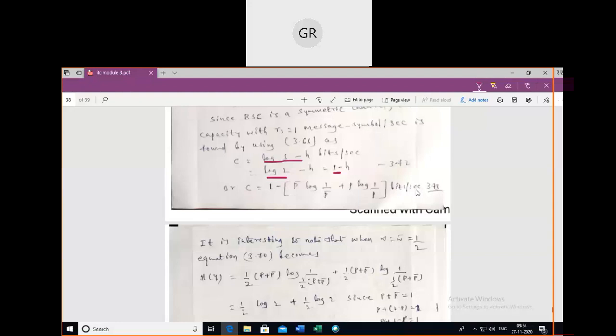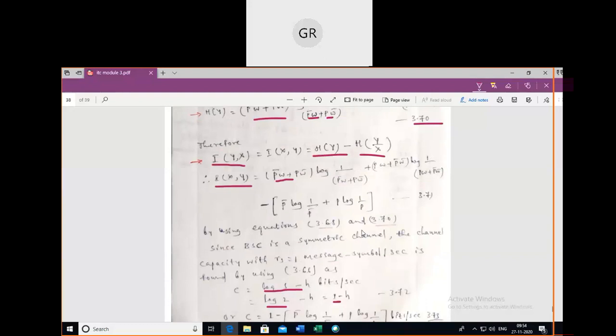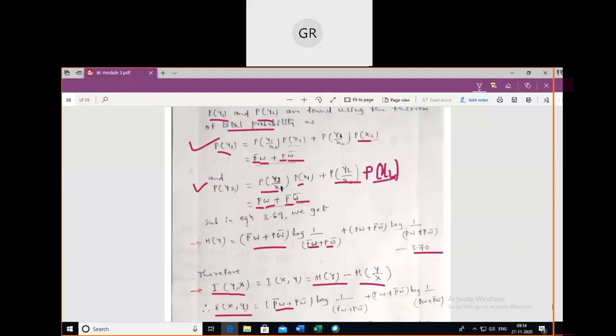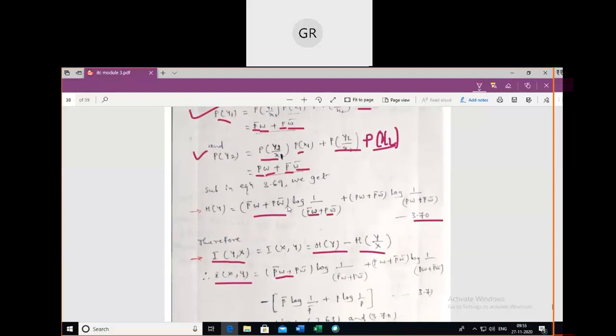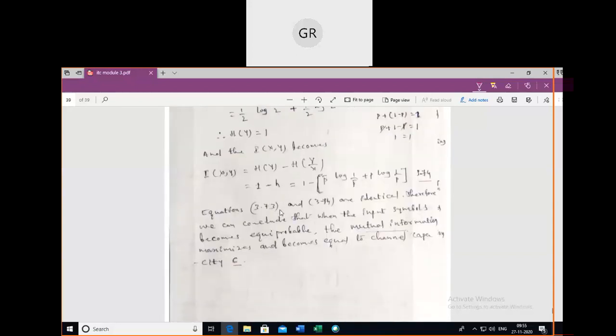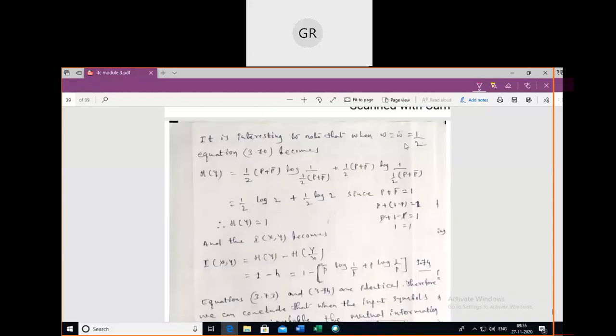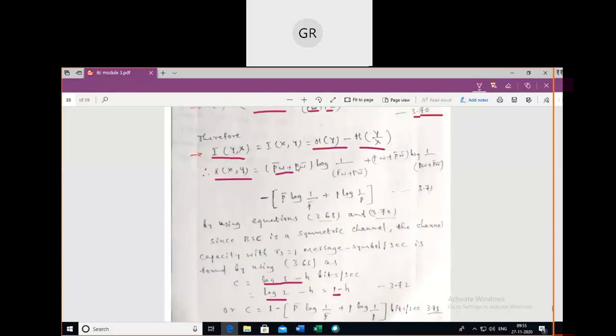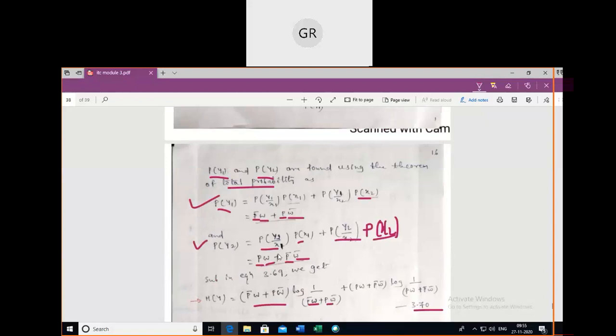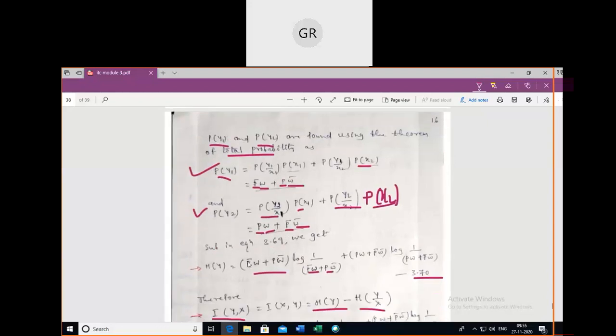Okay. Now, it is interesting to note that when W bar equal to 1 divided by 2, where W and W bar equal to 1 divided by 2, as mentioned here, then equation 3.70 becomes, you substitute the W value here, 1 divided by 2, and here also 1 divided by 2.